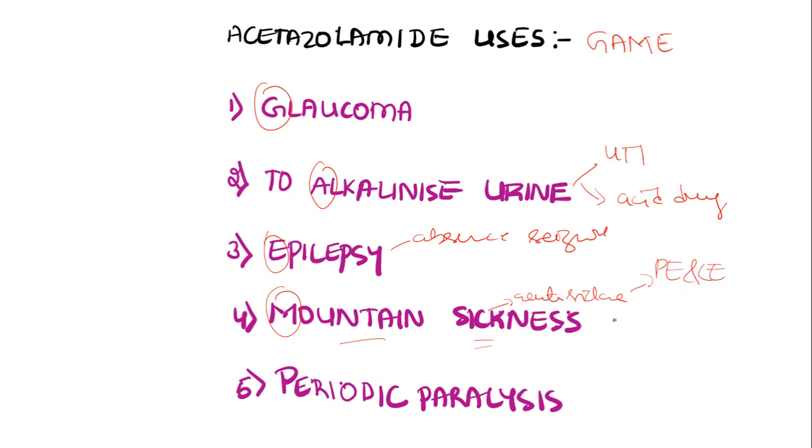Acetazolamide provides both symptomatic as well as prophylactic benefit if it is taken 1 to 2 days prior to the travel. Other proposed mechanisms are that it decreases CSF formation and it lowers the pH. It can also be used in periodic paralysis.